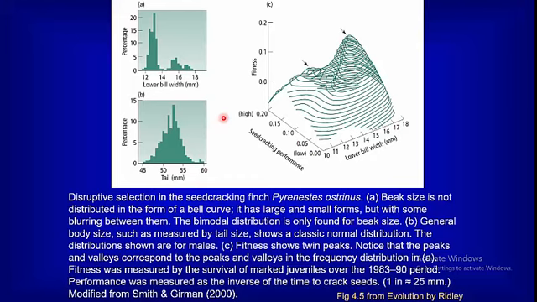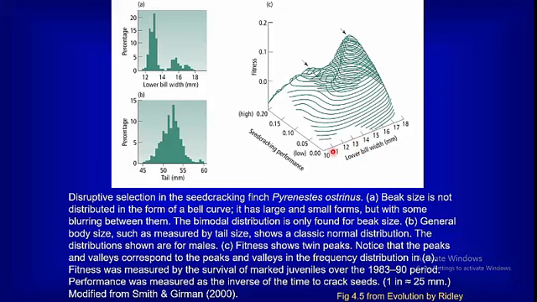Now, there was this fabulous study, Smith and Girman 2000. What they did was, they took these birds, and this is the bill width plotted from lower to higher in this direction, and then they actually plotted the performance of these bill widths to show whether the differences in beak width are actually having some effect in terms of their ability to do some task or not.